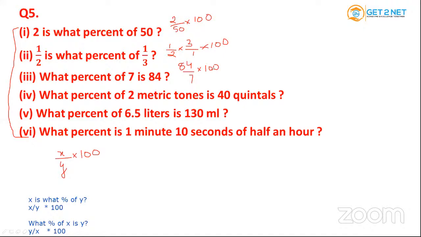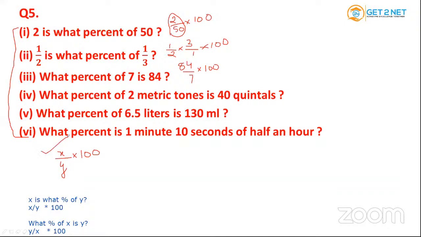Ma'am, question number 2. What happened? 1 by 2 into 3 by 1. Why did I do this 2 by 50? Because that is the formula, right? X by Y into 100.